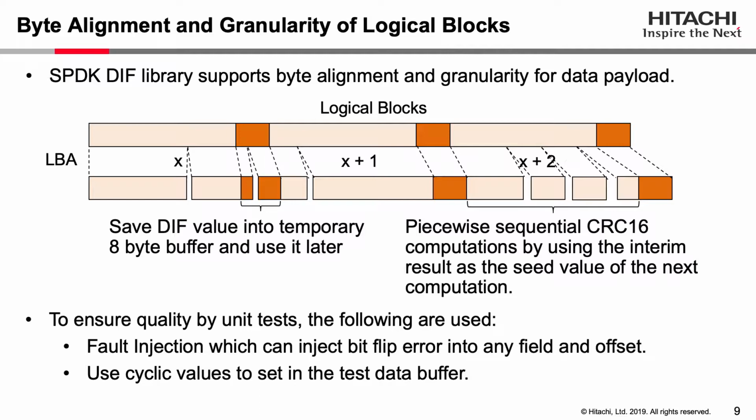And the second one is we first used a single constant value to fill data blocks, but a single constant value could not find complex errors, so we changed the policy and used cyclic values to fill the test data buffer. These two techniques were very effective to find a lot of bugs, and so now the DIF library is very stable, fortunately.